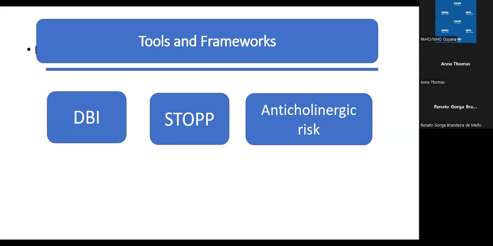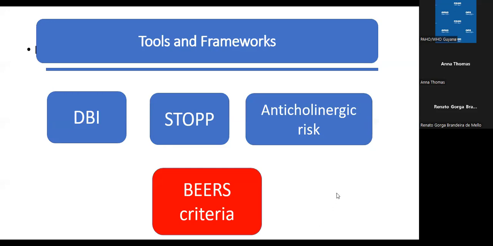But this is not a very easy to apply criteria. So I'll present you the STOPP/START criteria and the Beers criteria to be implemented in different clinical practice scenarios, especially in outpatient clinics and primary care.